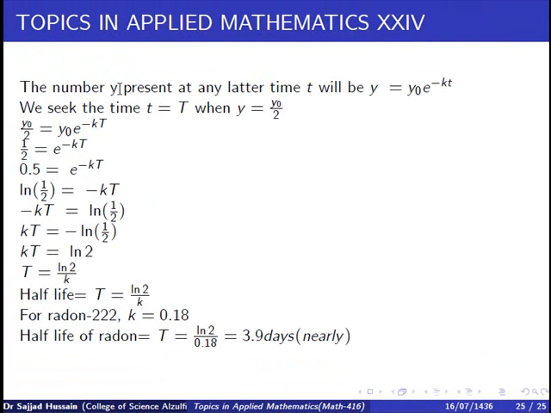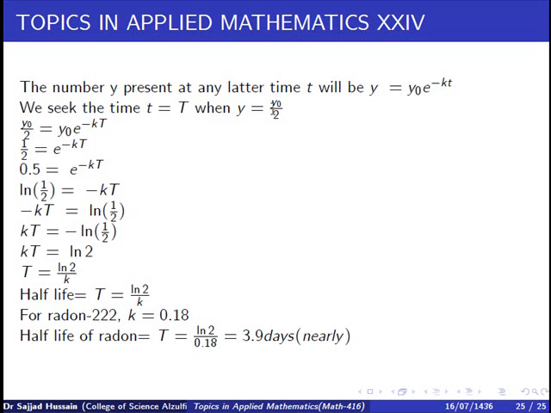The number y present at any later time t will be y is equal to y naught e raised to power minus kt, and we seek the time t is equal to capital T when the quantity of the radioactive element is equal to half of the original.